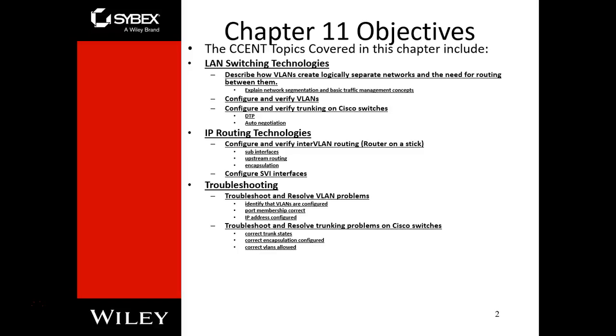SVI: we're going to configure virtual interfaces, switch virtual interfaces, which is going to be on a layer 3 switch. New term, what a layer 3 switch is: a switch by default, but we can make it route by giving a really complex command, IP routing.